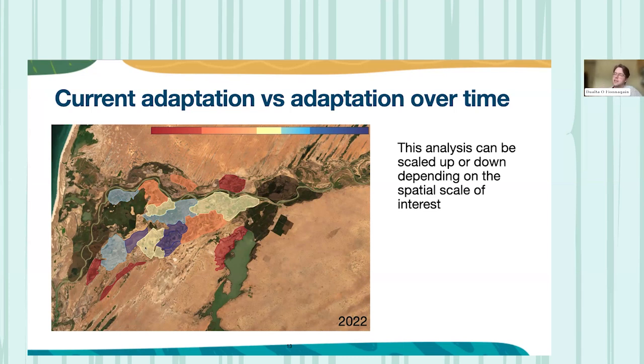But in the intervention delta, which was this central region, even within that there seemed to be some variation. And then this analysis can be scaled up or down to different regions of interest. So if you wanted to do hectare scale versus a whole regional scale, you could do that.